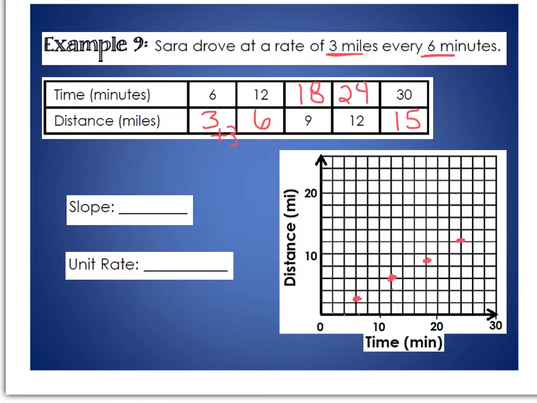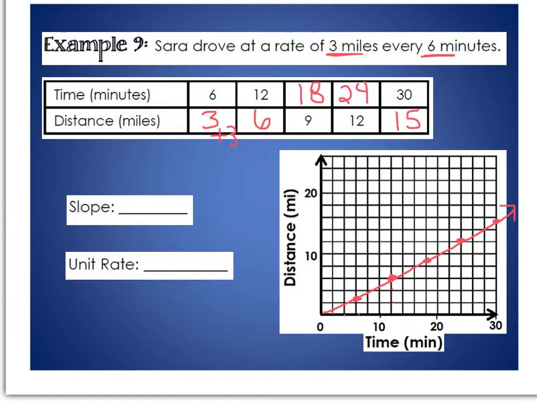And then our last one is at 30 and 15, which 15 is going to be just halfway between 10 and 20. About right there. So then if we draw our line, okay, the first thing they want us to do is find the slope of the line.